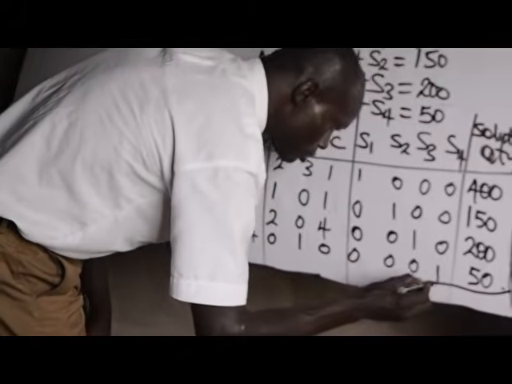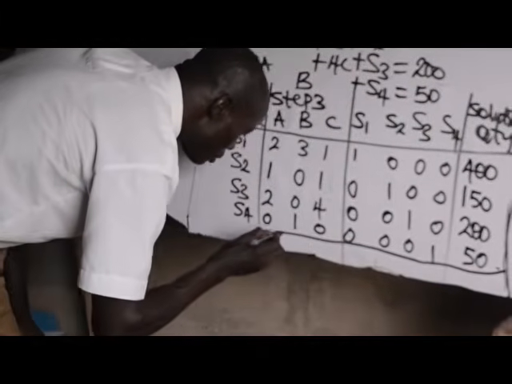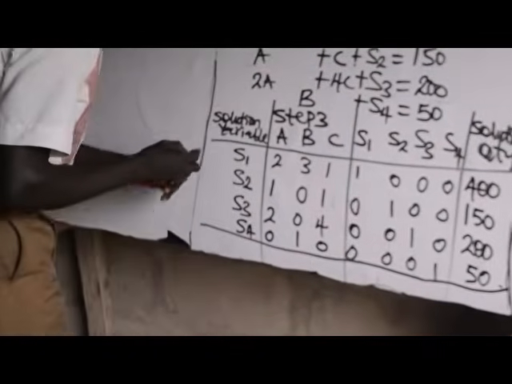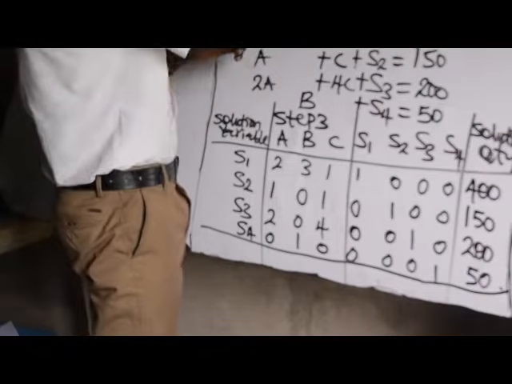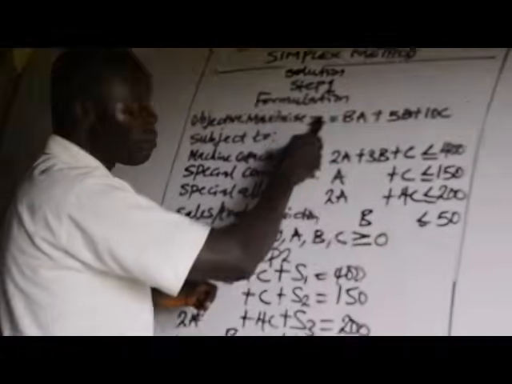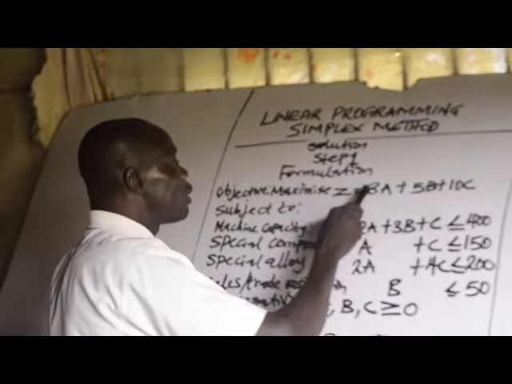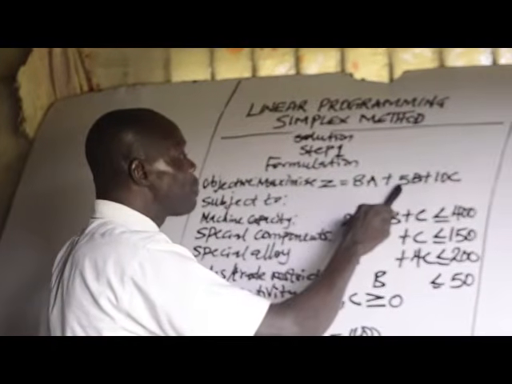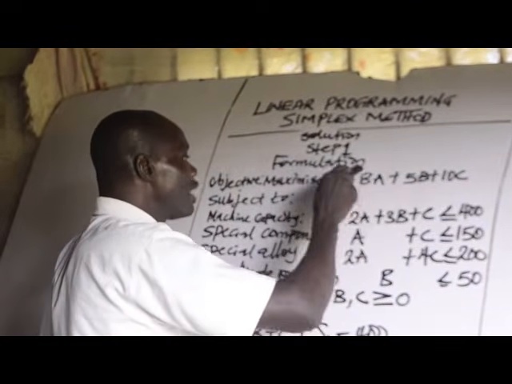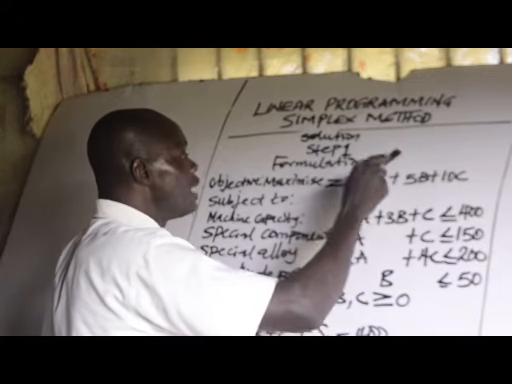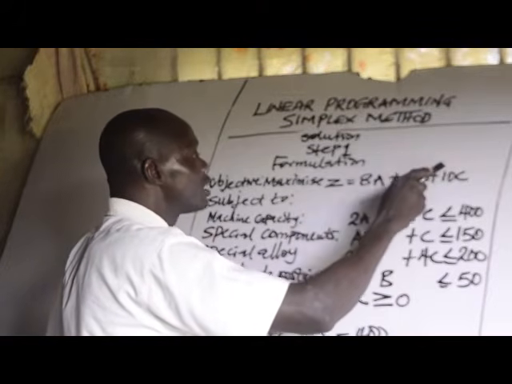Now, our objective function. We have Z equal to 8A plus 5B plus 10C. Coefficient of A is 8, B is 5, C is 10.